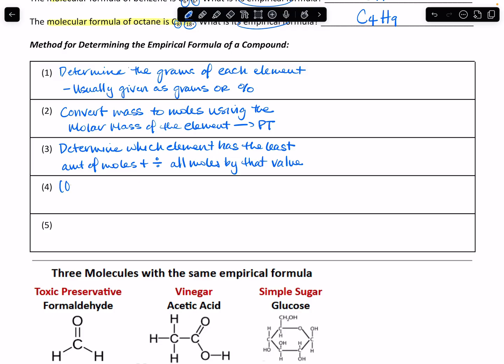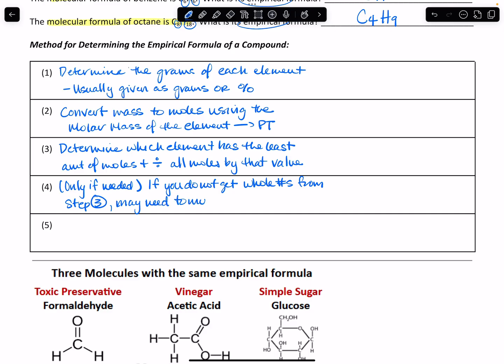Now, step 4, this is only if needed. And this is not always needed. But when you do that division by the smallest, if you do not get whole numbers from step 3, then you may need to multiply by a whole number.